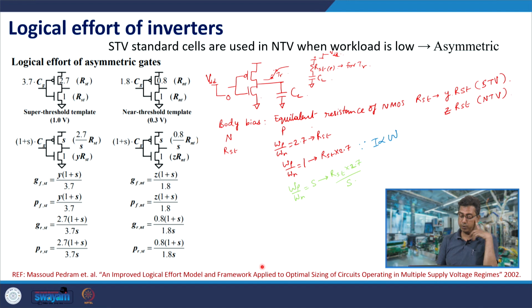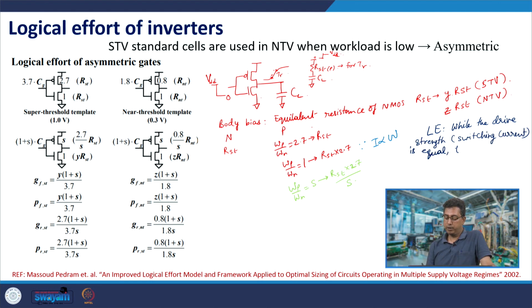Okay. So, what is the value of logical effort? Now, logical effort the authors are obtaining with respect to the standard template inverter. So, how is this logical effort defined? While the drive strength or switching current is equal, it is the ratio of input capacitance of a gate to that of the reference inverter.